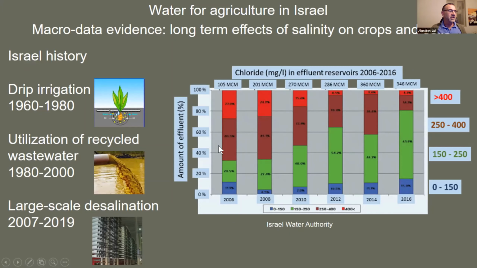It's a little hard to see, but the browns and reds are high salinity, over 250 milligrams per liter chloride. The greens and blues are low salinity. In 2006, 65% of our effluents that were available for irrigation were above 250 milligrams per liter, and today less than 20%, so 80% is much better quality water.